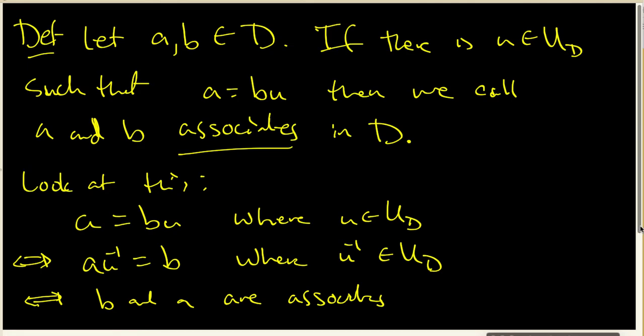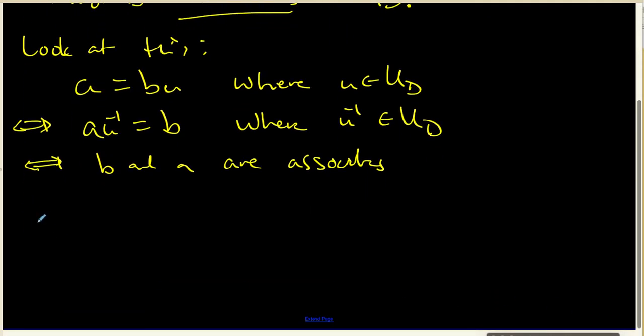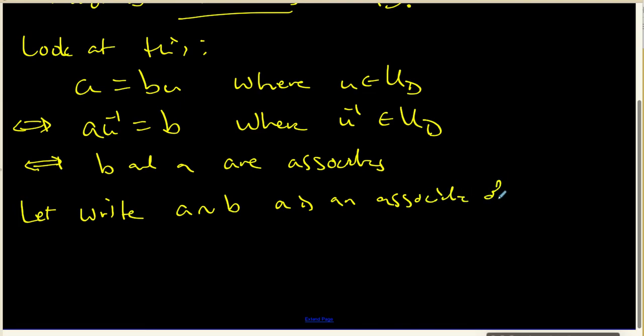Let's write A is similar to B for A is an associate of B. And what we just got done showing is that this particular relation is symmetric on the set of elements inside our domain D.